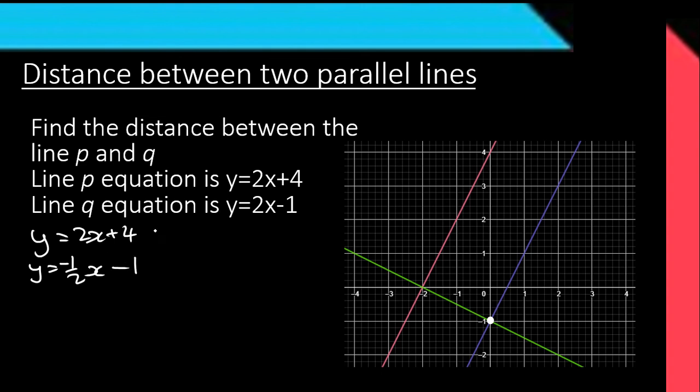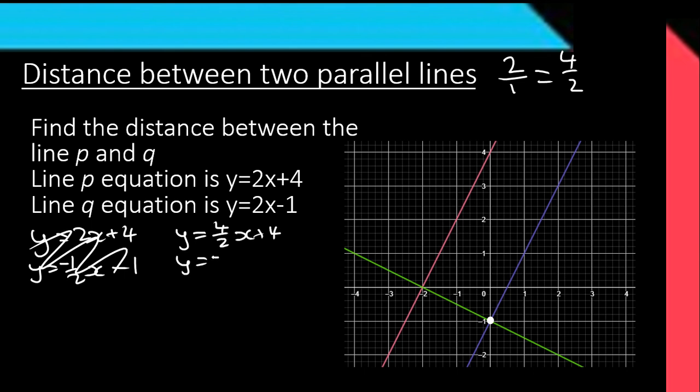I'm going to do the same as what I did with the last question, but I'm only going to write the slope as a fraction, just because the perpendicular line's slope is only a fraction. So 2 over 1 becomes 4 over 2. So I'm going to rewrite this and write y equals 4 over 2 x plus 4, y equals negative 1 over 2x minus 1. I'm going to subtract them.